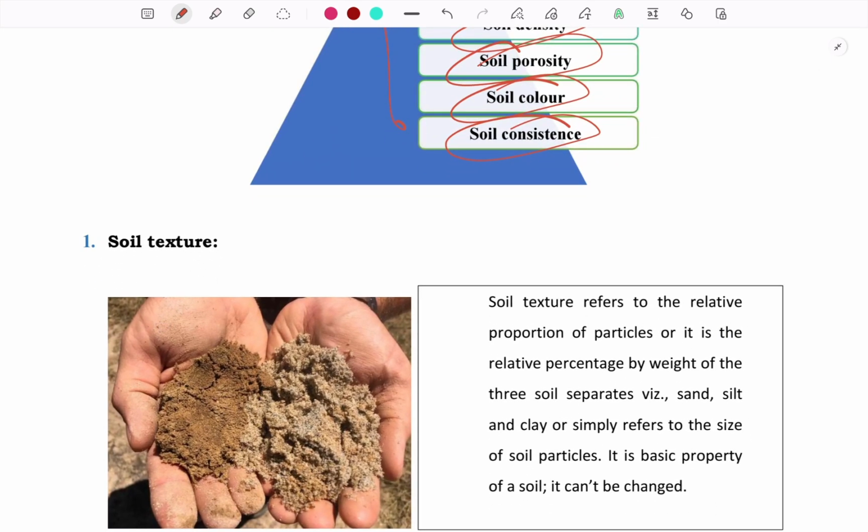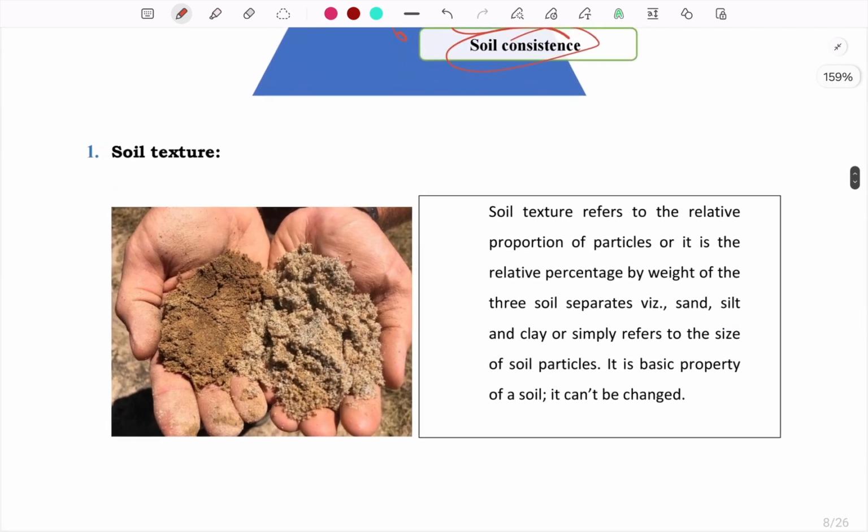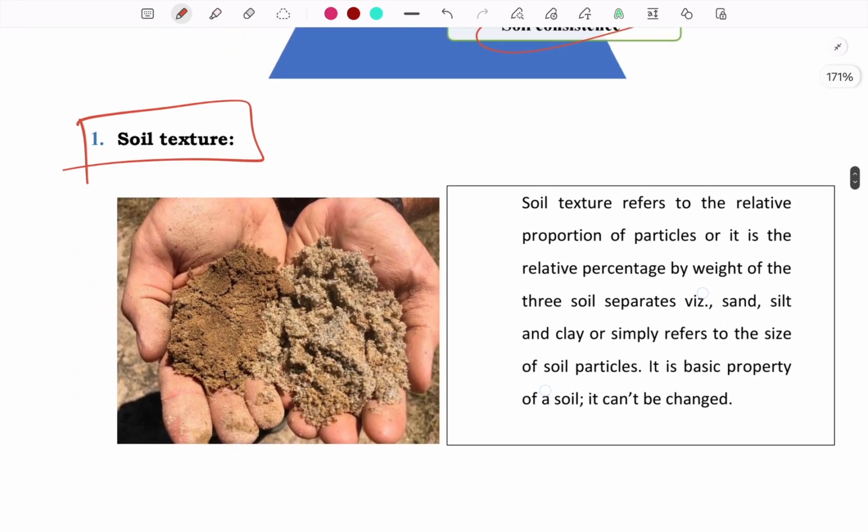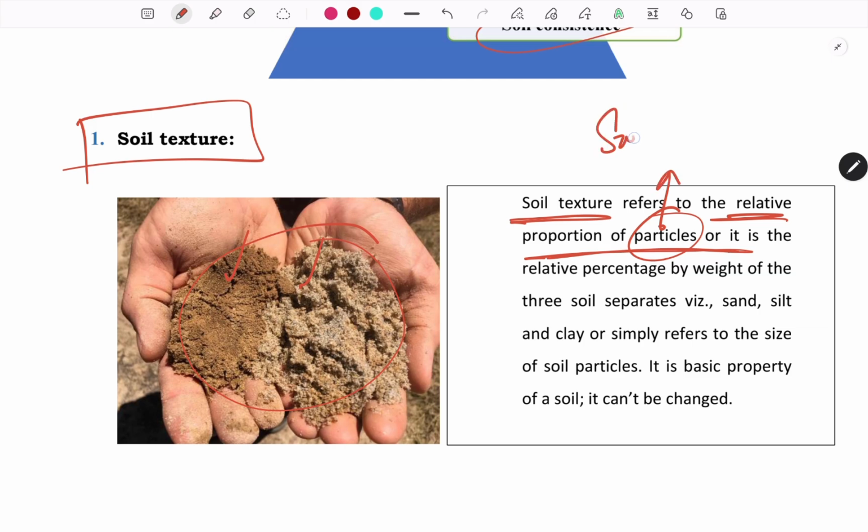So now we will see the first property, that is soil texture. You can see this image, and you can make the difference between these two soils by feel. Soil texture is nothing but the relative proportion of particles. What are the particles?